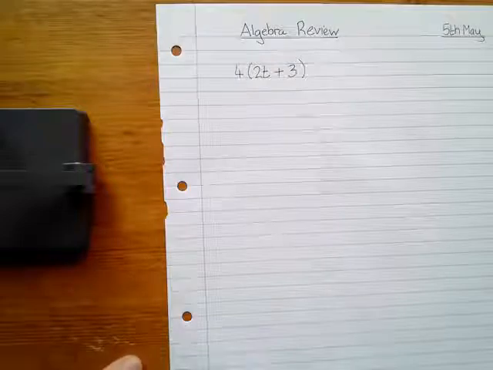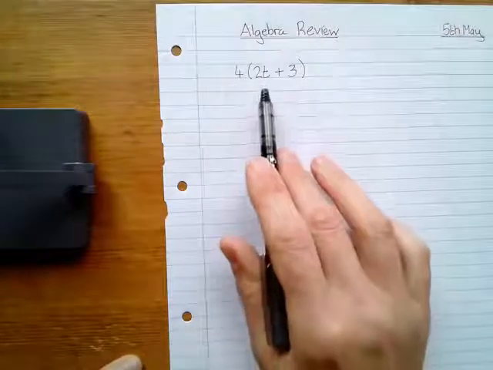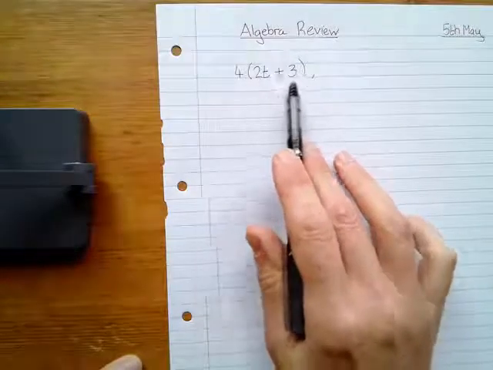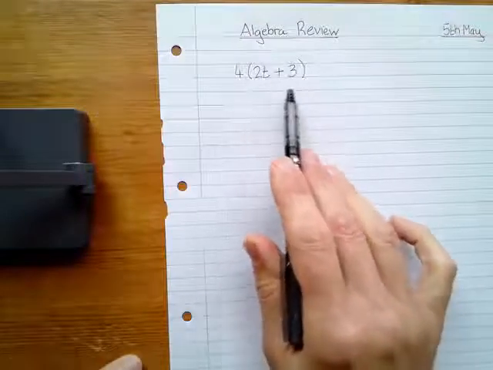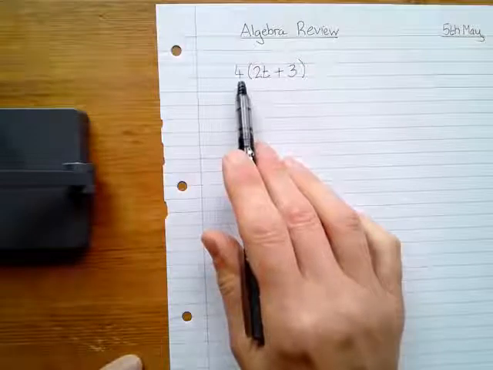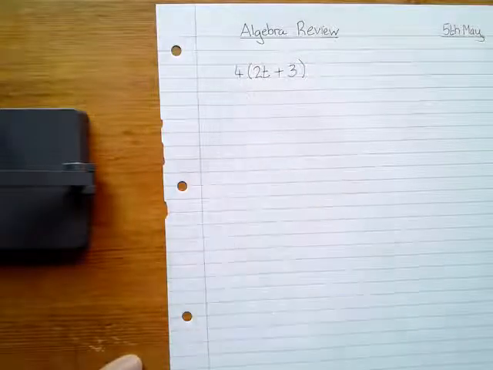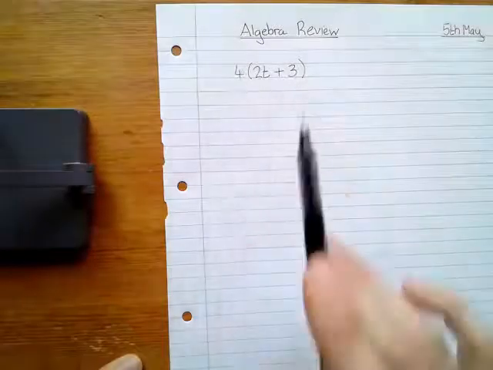Well, this is a bracket, and it has 2 terms inside. It has an expression inside it, but then the bracket has a number in front of it. So you'll see a number here. And the question is, what on earth do you do with this number? Well, it's quite simple.